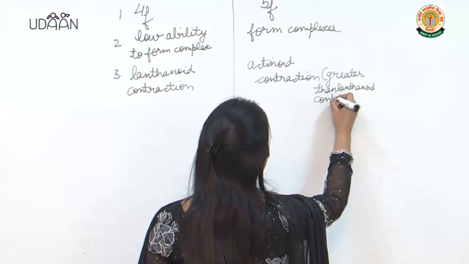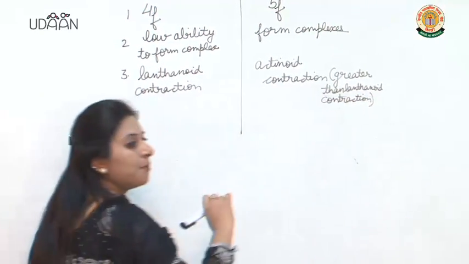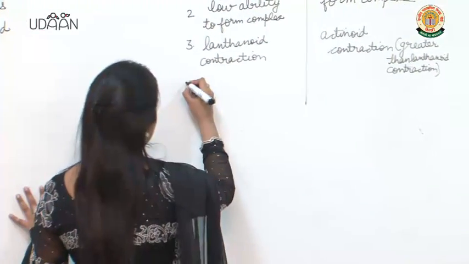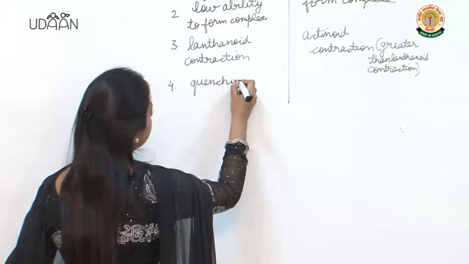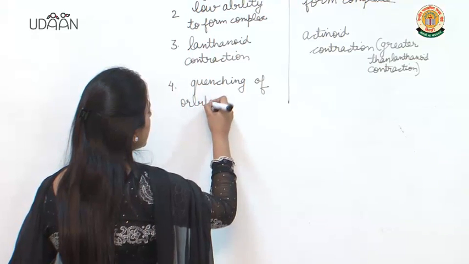And I told you why it is greater than lanthanoid contraction, because of the much poorer shielding effect of 5f electrons. Now, quenching of orbital magnetic moment.